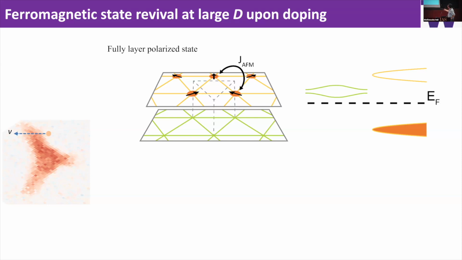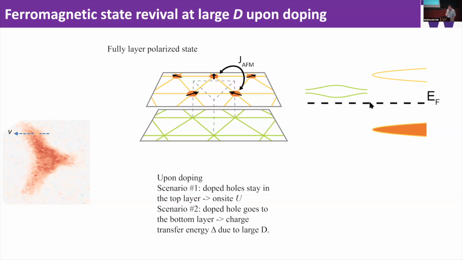On the right-hand side, what I show is the band structure. The left shows the moiré mini bands from the bottom layer, and the right shows the Hubbard band from the top layer. The Fermi level is in the middle of the gap, which is the insulating state. I'm going to show you more later on how we know it's an insulating state.